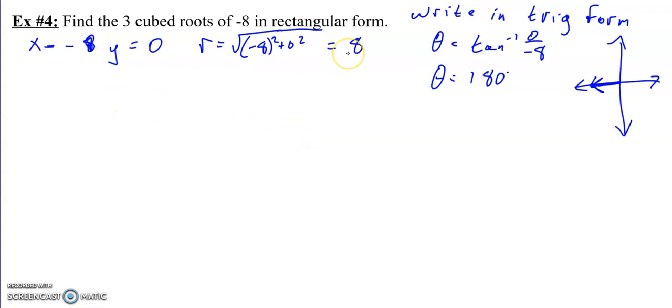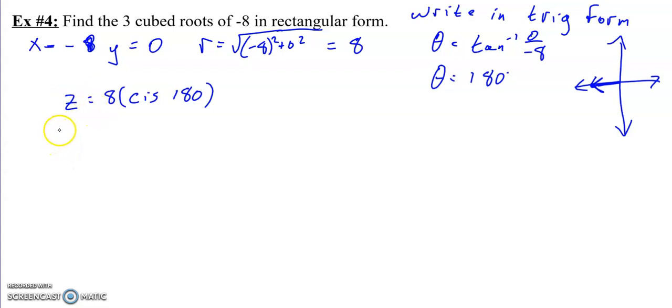All right, now I have all the parts I need to write this in trig form. So in trig form, we are going to say 8 times cis of 180. Boom.